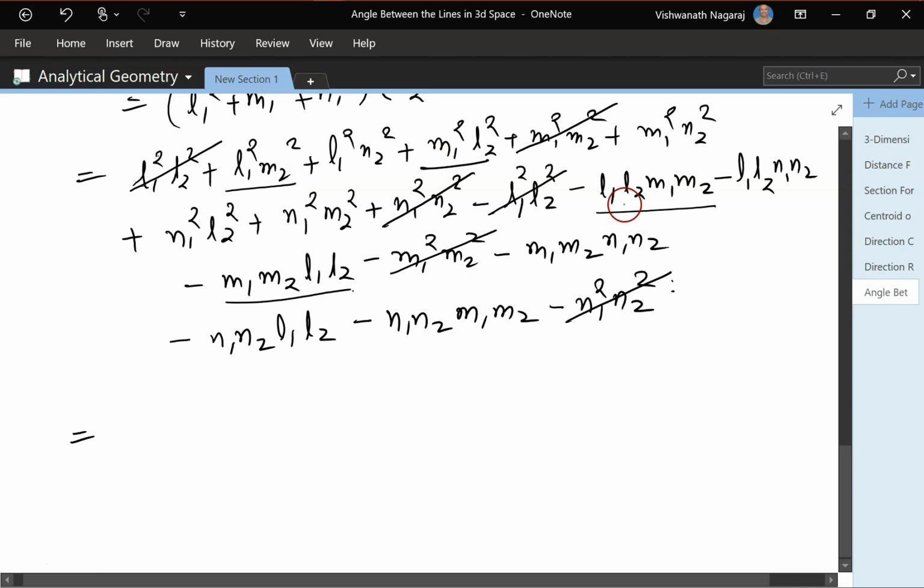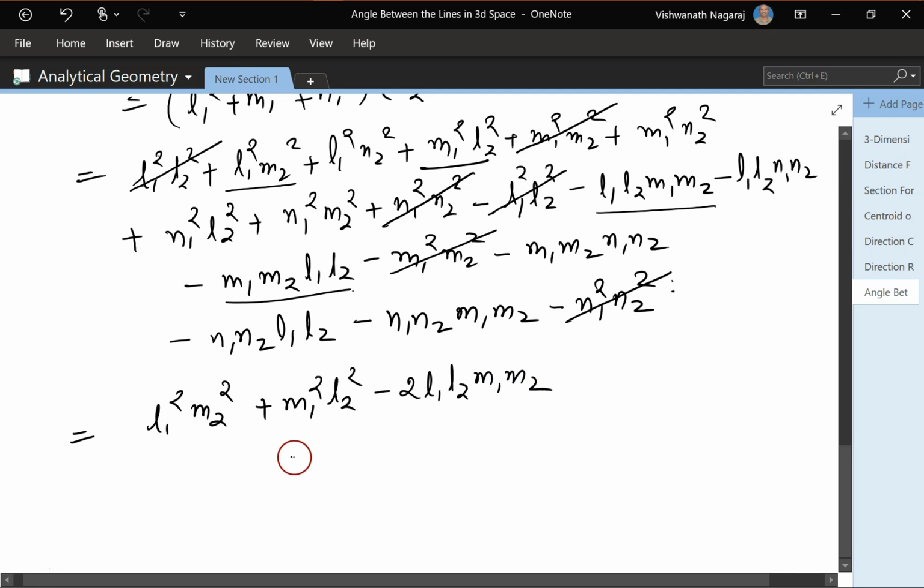These two just directly get added up. It's better to write one additional step than get confused later on. So we have l1 square m2 square plus m1 square l2 square minus 2 times l1 l2 m1 m2.